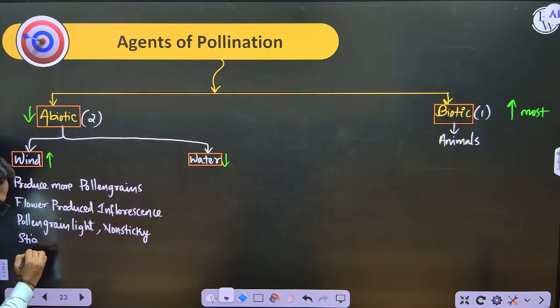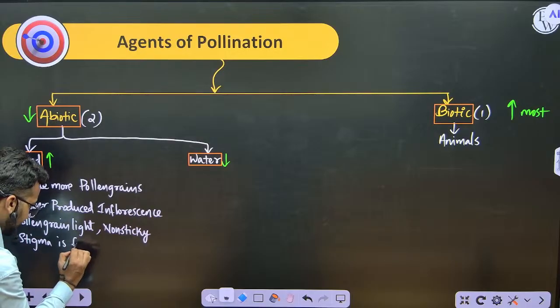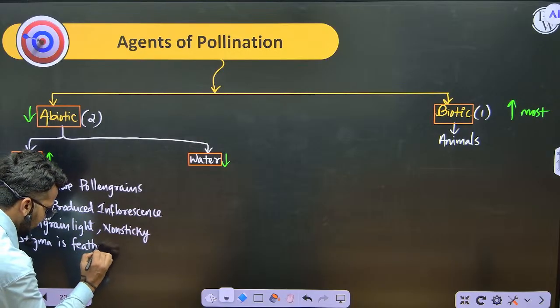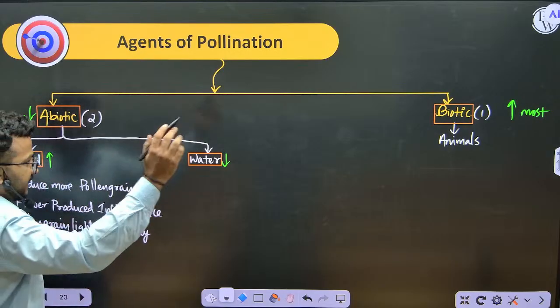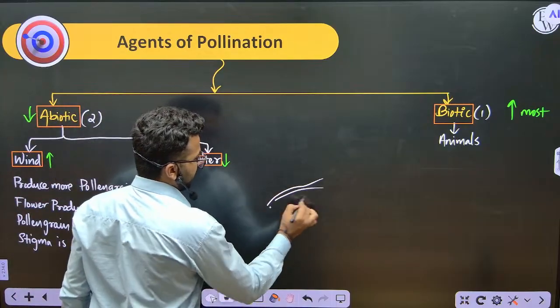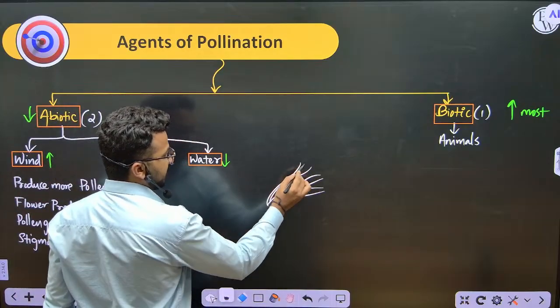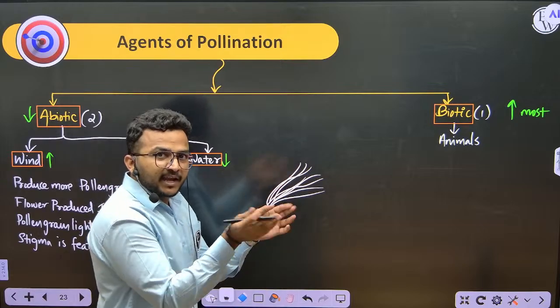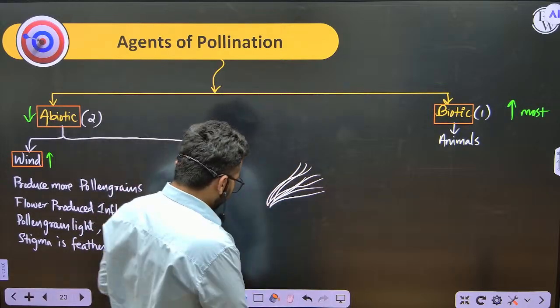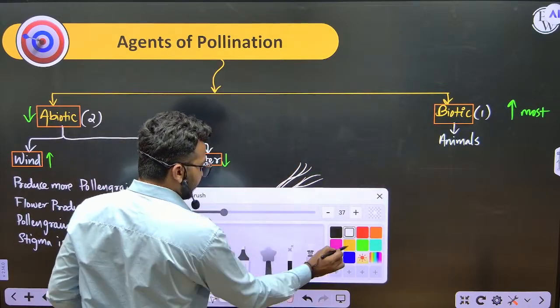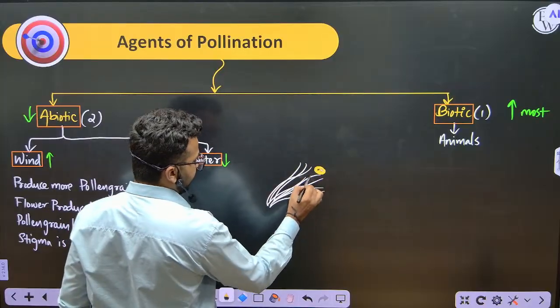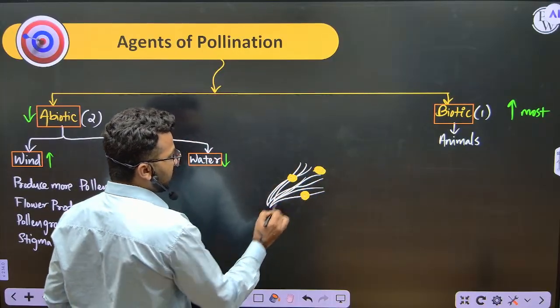Coming to the stigma, the stigma is feathery. Feathery means it will have hair-like structures. If it is feathery, it will float in the air. When the pollen grain is traveling in the air, it will be caught easily.